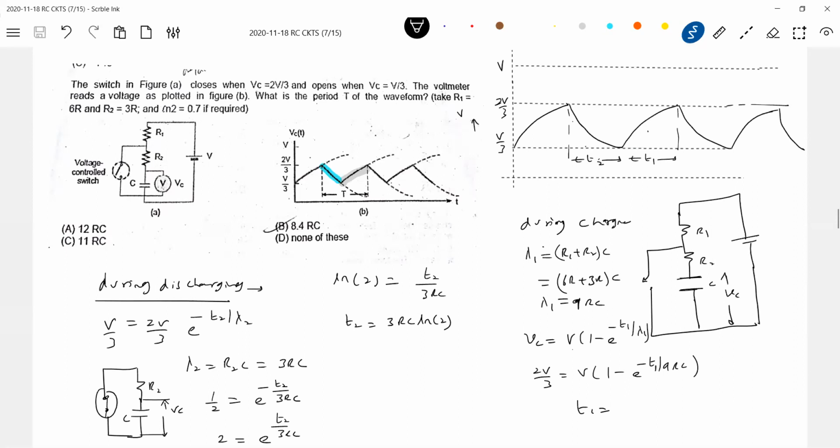Anybody, T1? Anybody, the value of T1 in terms of RC log?